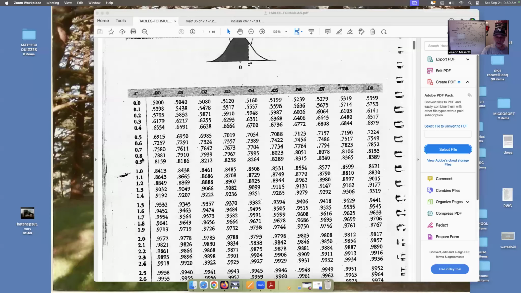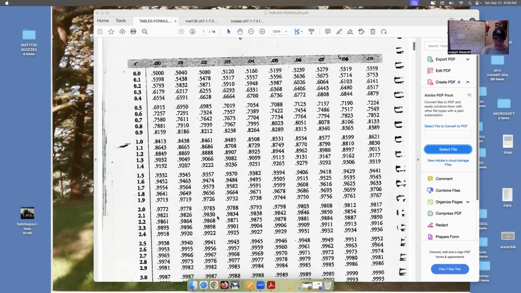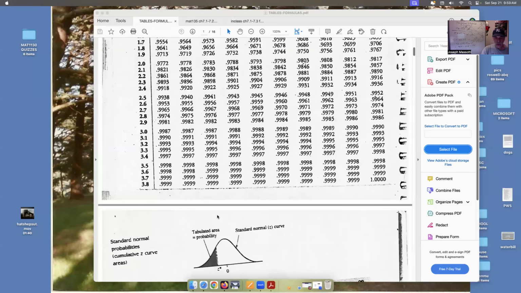Okay, so 2.13, I go down the table to 2.1, and then over to 0.03, and I come down. 2.1 and 0.03 gives me that 0.9834. So that's the probability of getting a z less than 2.13. Now I'm going to subtract off the probability less than negative 1.71.